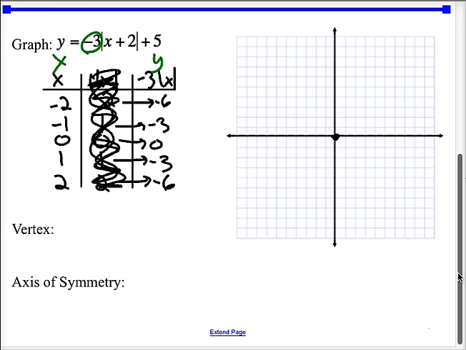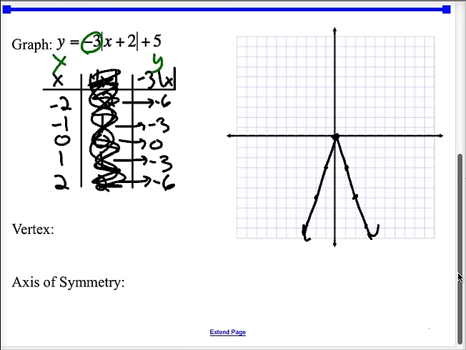So start with 0, 0, then 1, -3, 2, -6, -1, -3, -2, -6. So that's my absolute value function, taking into account the x-axis reflection and the stretch.